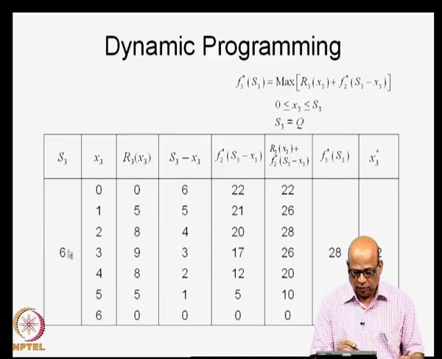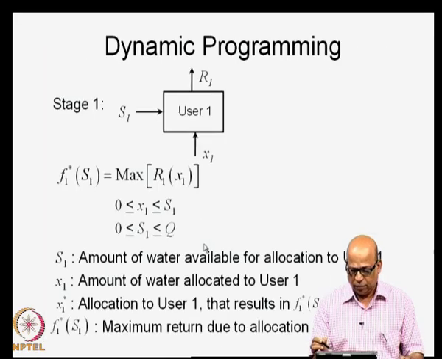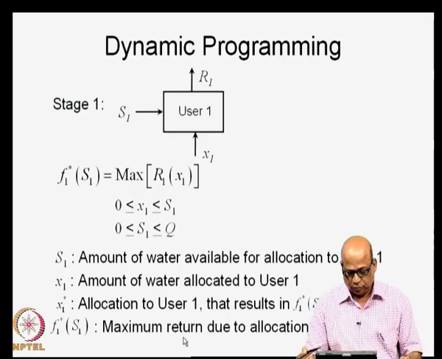Look at this 6, I allocate 1 and therefore, I am left with 5. If I allocate 1, I am getting a return of 5. Where is this available? This data is available right at the beginning of the problem. So, if I allocate 1 from user 3, I am getting a return of 5. So, this is the table that I am using there.